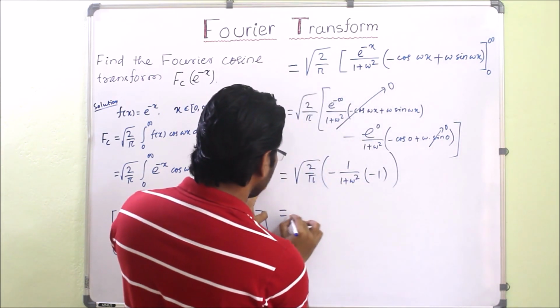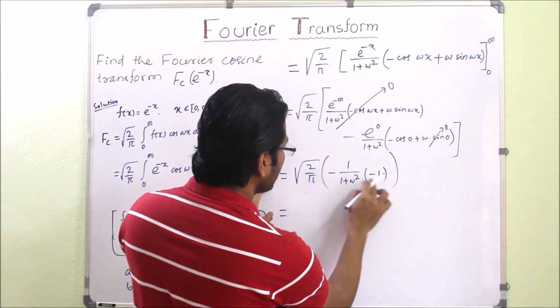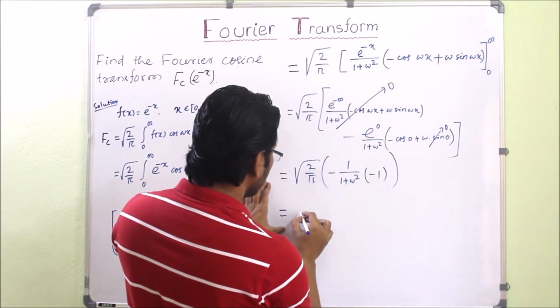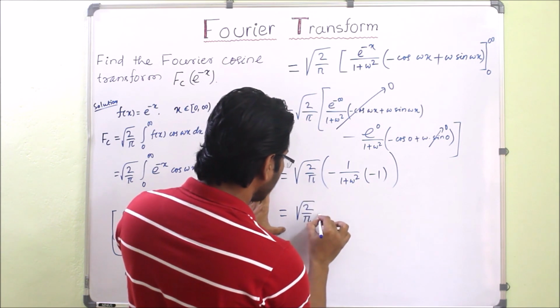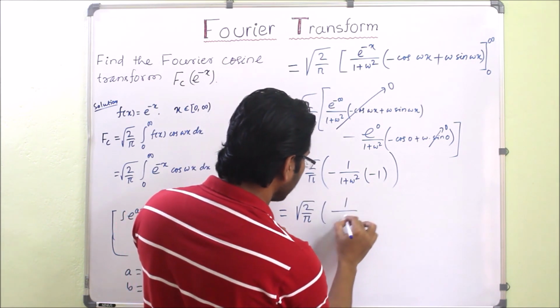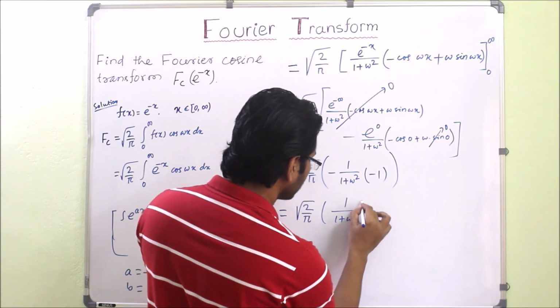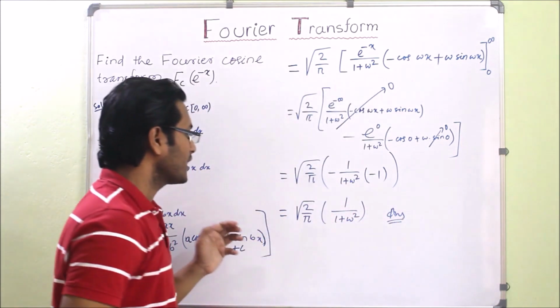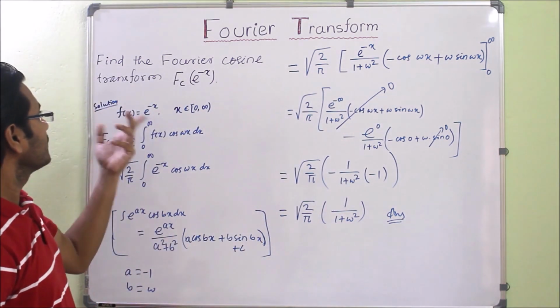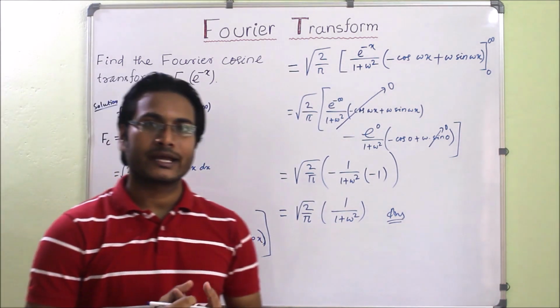Finally, minus into minus will be plus. So we get square root of 2 by pi into 1 by 1 plus w square. This is our answer, the Fourier cosine transform for the function e to the power minus x.